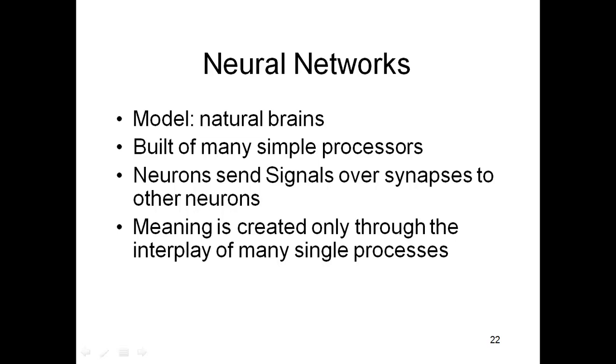And now what do they really model? Very simple. They assume, which is of course true, that the brain is built up of very simple processes, but very many of them. So each neuron by itself cannot think, obviously, right? Only the brain as a whole can think. And neural networks say, well, let's model this.